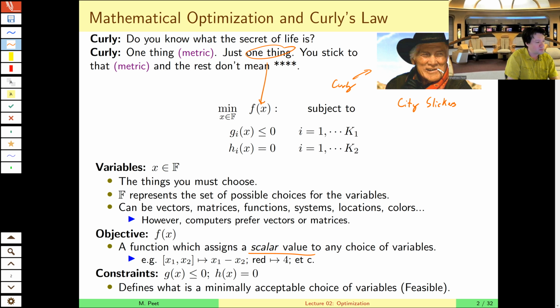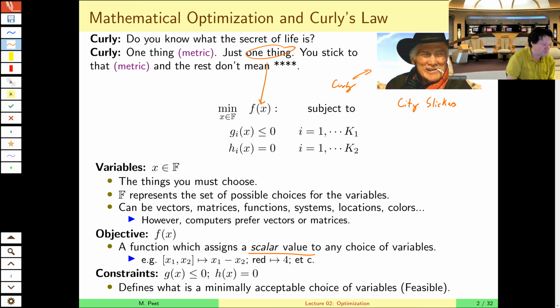So it's important to know that you may not have figured out what the objective function is, but there is one, and unless you decide on that one thing, you're never going to be able to converge to the solution to that one thing. You'll never be able to choose your variables which give you the best result. So I thought that was very good advice, and so I put it in the first slide.